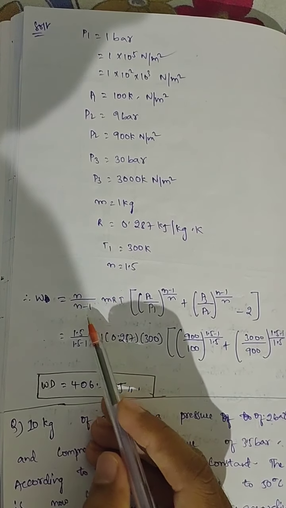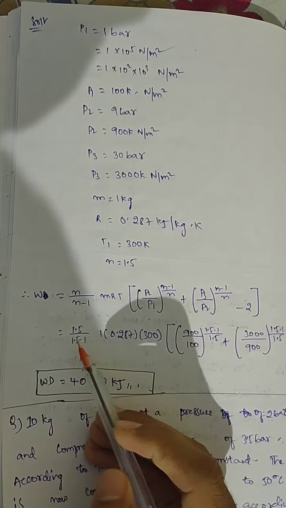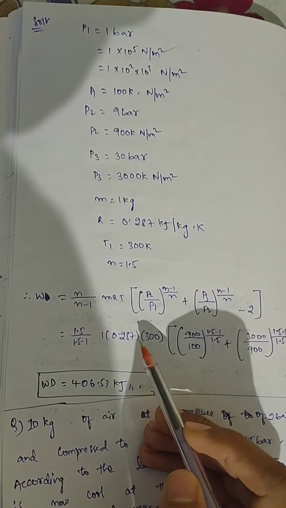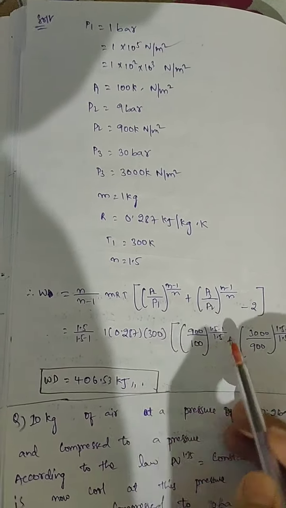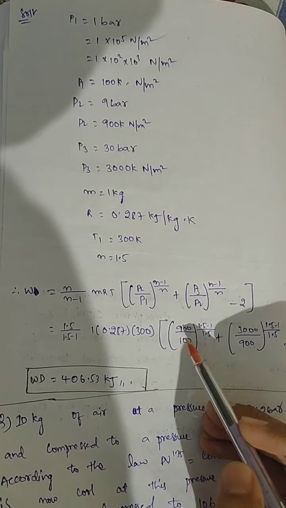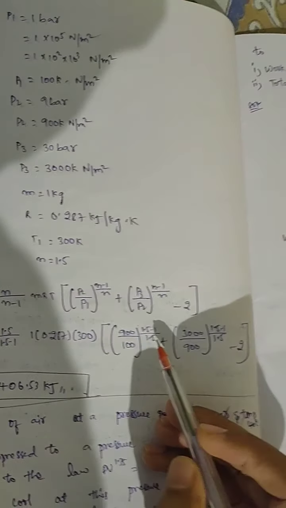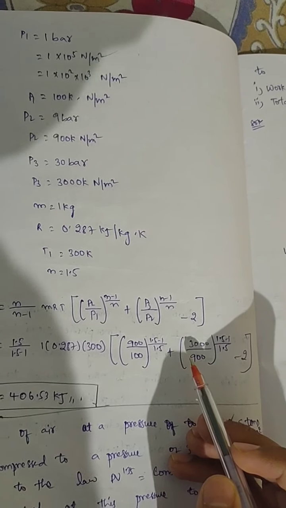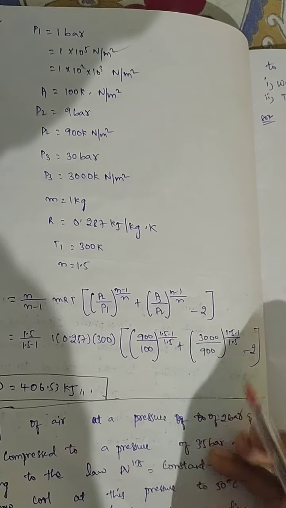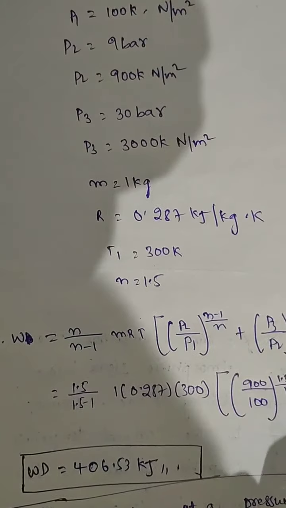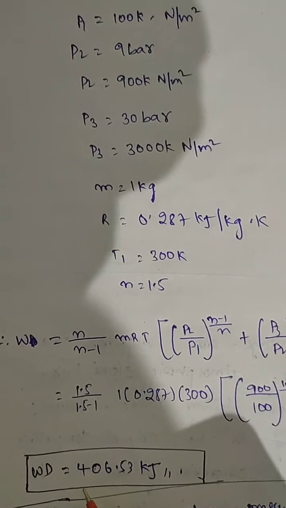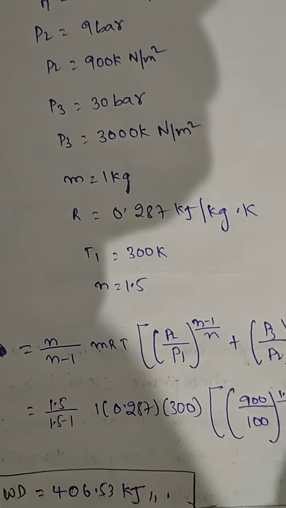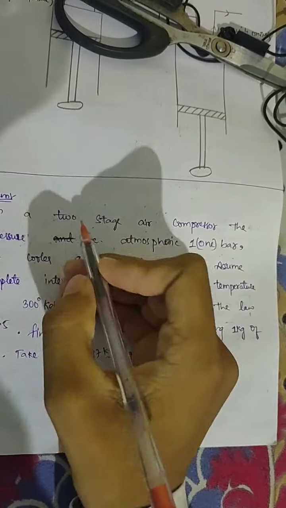Substitute these values in this formula: 1.5/(1.5-1) into 0.287 into 300 into [(900/100)^((1.5-1)/1.5) + (3000/900)^((1.5-1)/1.5) - 2]. As we calculate this, the answer will be work done equals 406.53 kilojoules.